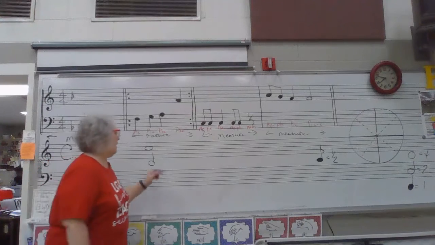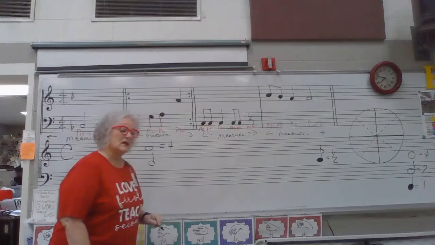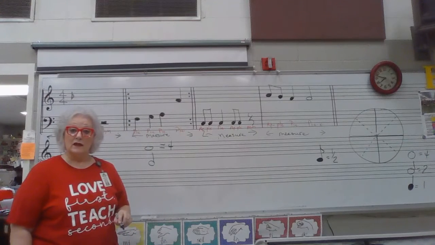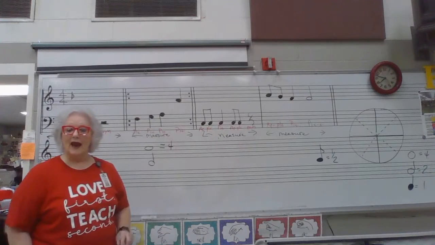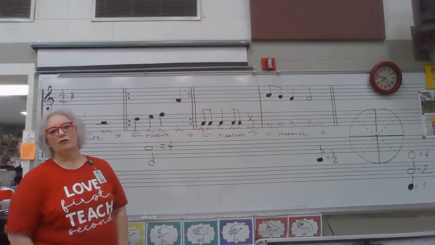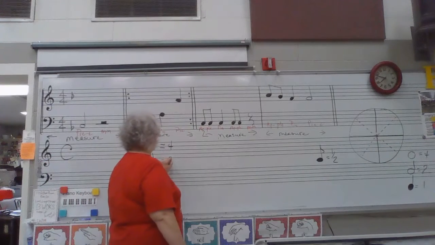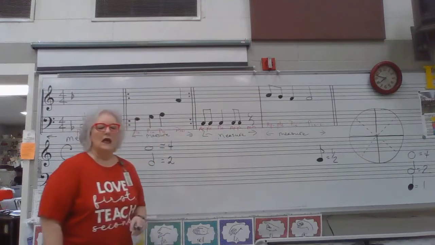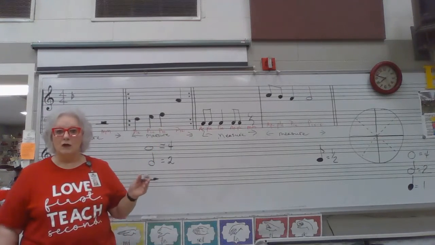Now, if the whole note gets 4 counts, how many counts is a half note going to get? Cut it in half. What is 4 divided by 2? 2. So it gets 2 counts. Here's where we're seeing that we have math and music, okay?